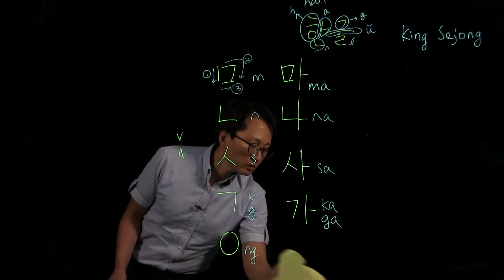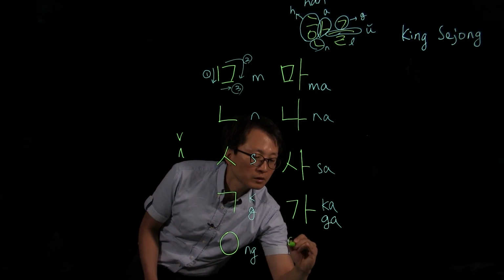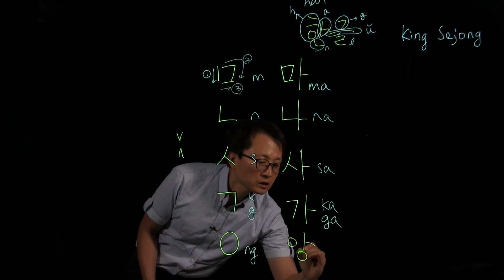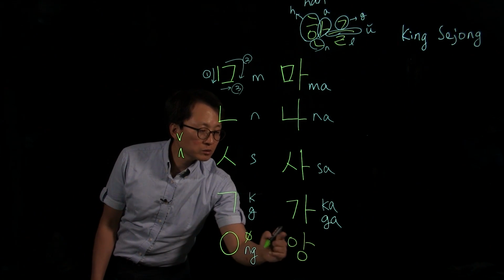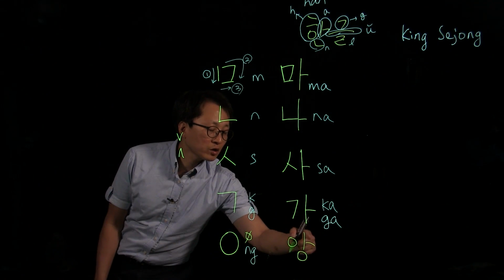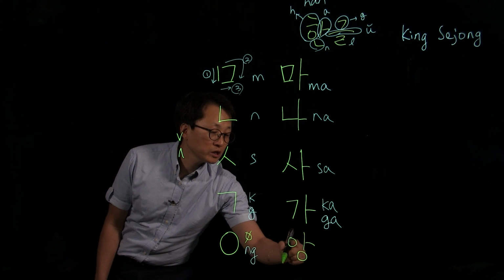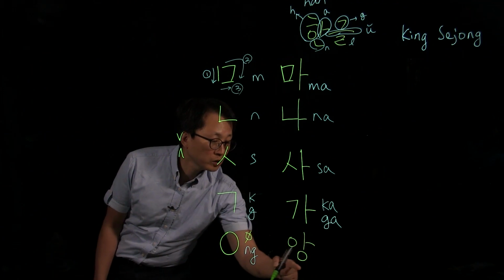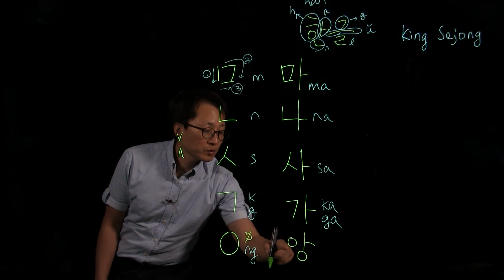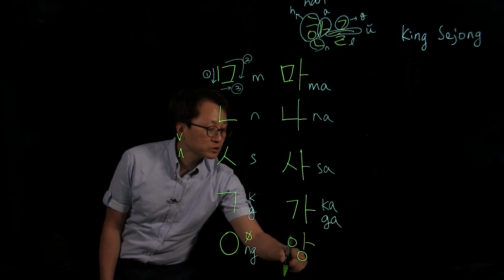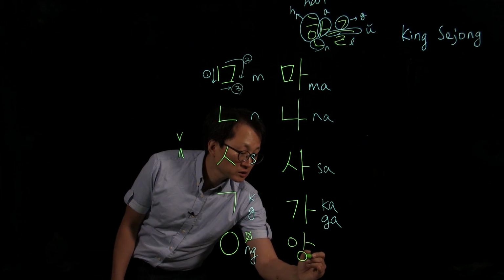Let me write a little above so that you can see this clearly. So let me call this position the syllable initial position. This is one syllable, and at the syllable initial position, it doesn't have any sound value. But at the syllable final position, we have this sound value.